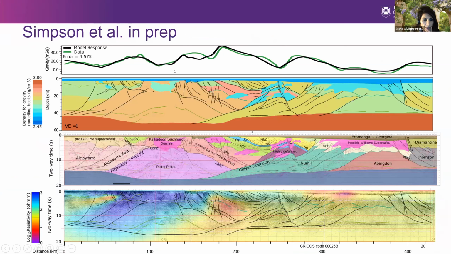At the top is the forward modeling that she has done with the gravity. This is the seismic interpretation that has been done. And this is her new MT model that she's hoping to publish, which has changed a bit from the previous preliminary one in the previous slide.